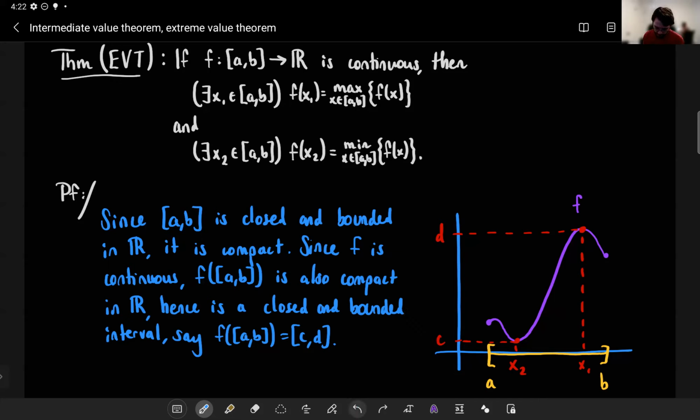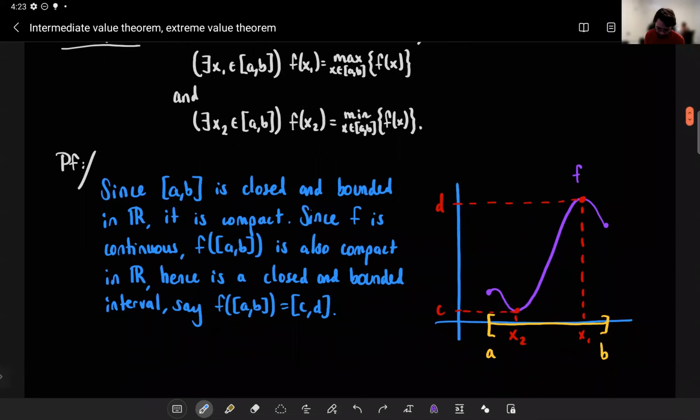And in fact, we know exactly what we need to here. In particular, since this is a closed interval, let's focus on the upper end point. So D being in the image here, right? It's closed, so of course it is contained in this set. What does that mean?